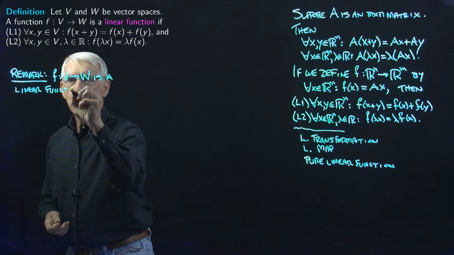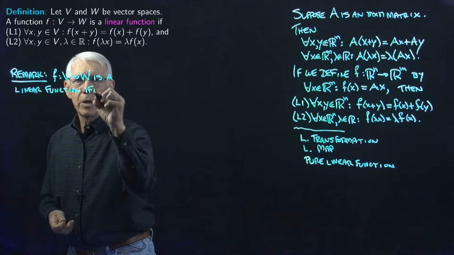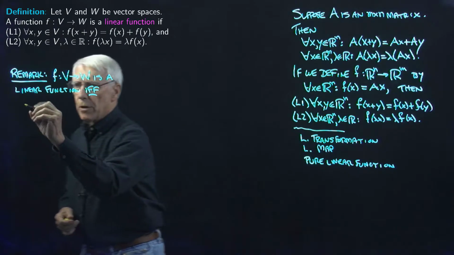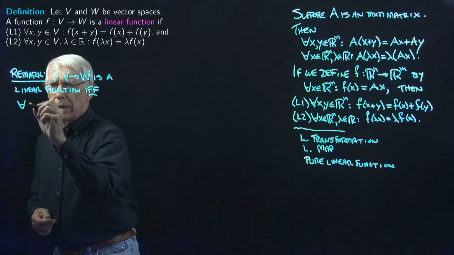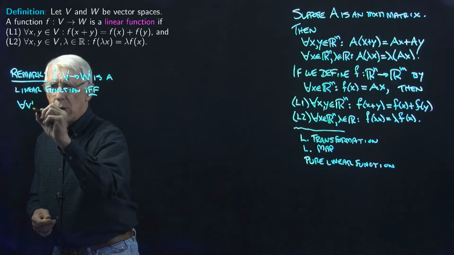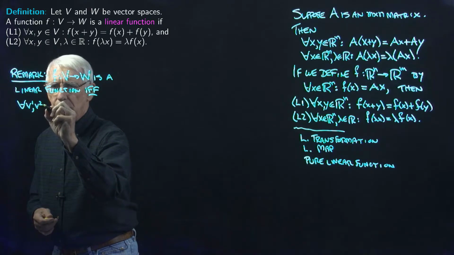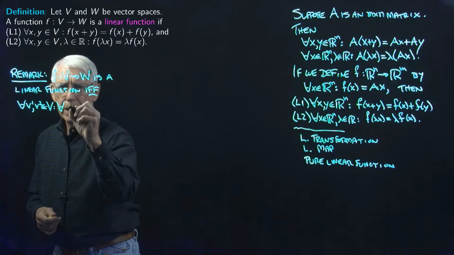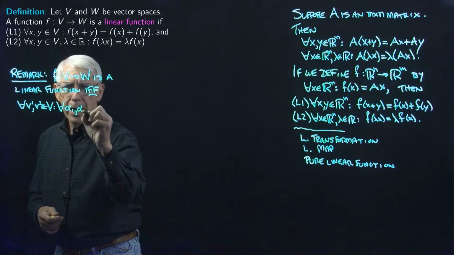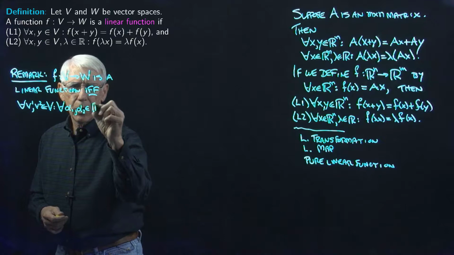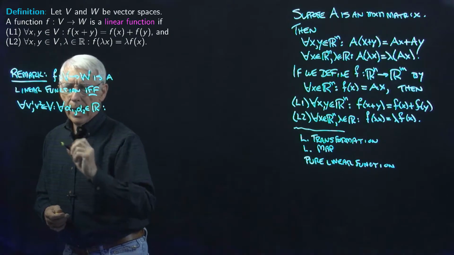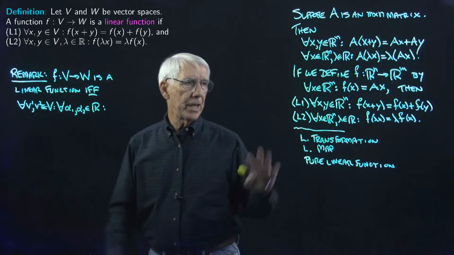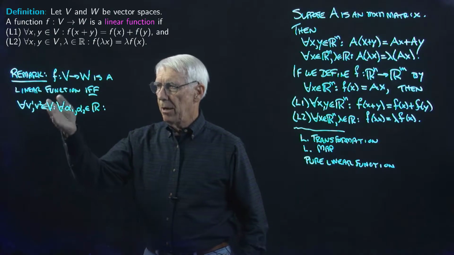It satisfies L1 and L2 if and only if, for all, let's write it this way now, v1, v2 in V, and for all alpha 1 and alpha 2 in R. And so what I've done here is I'm naming the vectors v's instead of x and y because I want to use more than just two.